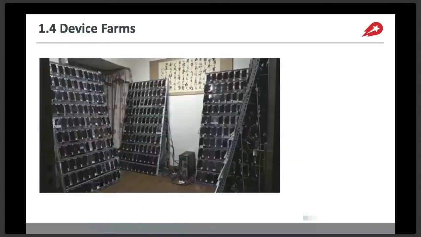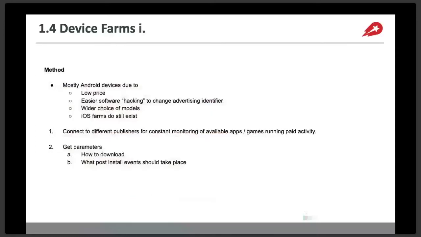And the next one we'll go over is device farms. I'll try and be quick. This is just an actual device farm, what it looks like, not mining Bitcoin. They are mostly Android due to the low price and easier software to hack. You can change the advertising identifier.